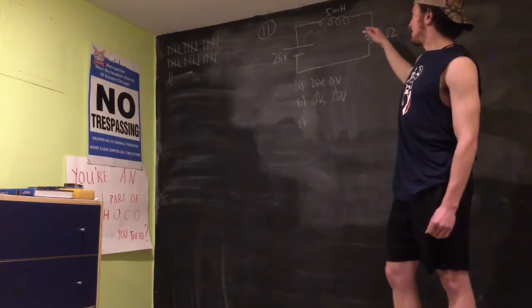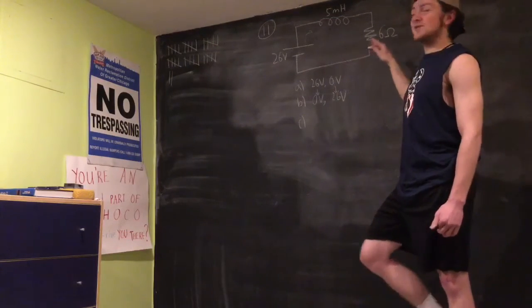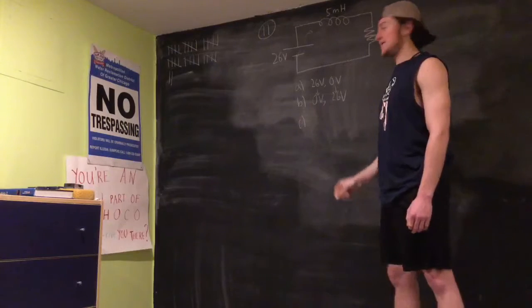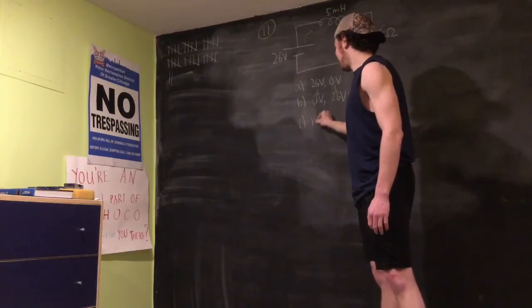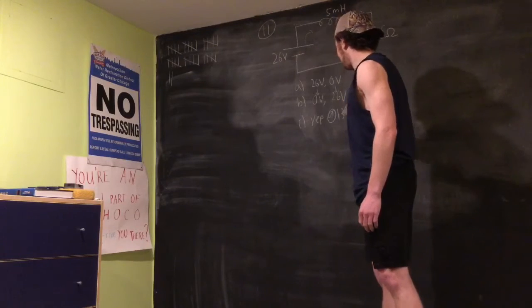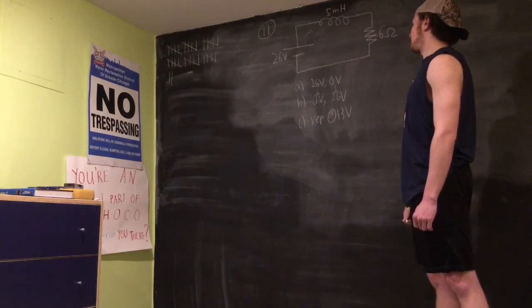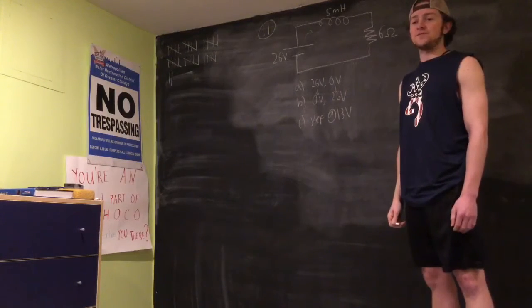If two things are equal and add up to 26 volts, what's the value on each one? 13. Yes. So they both have the same voltage when they both have 13 volts.